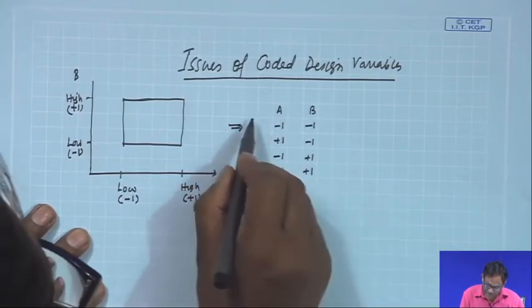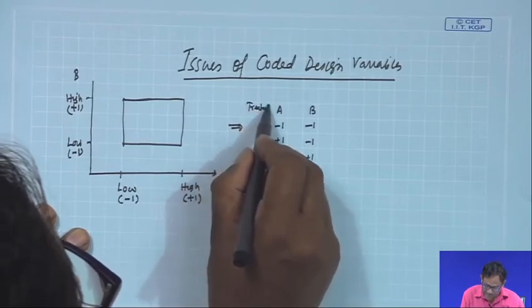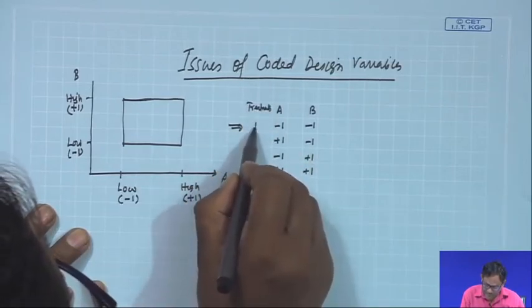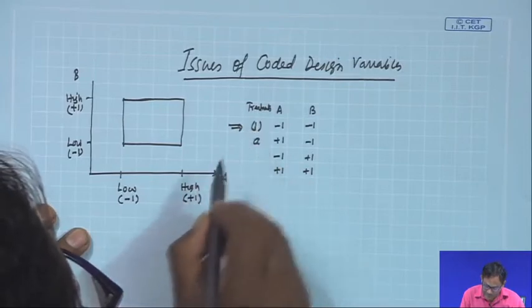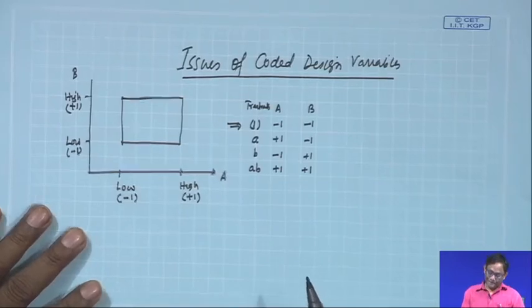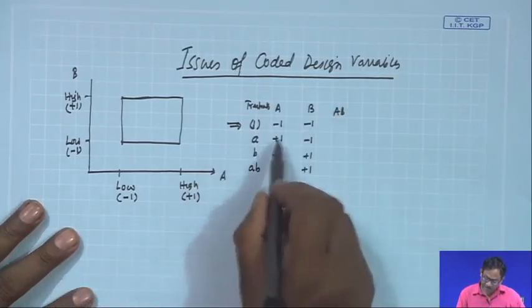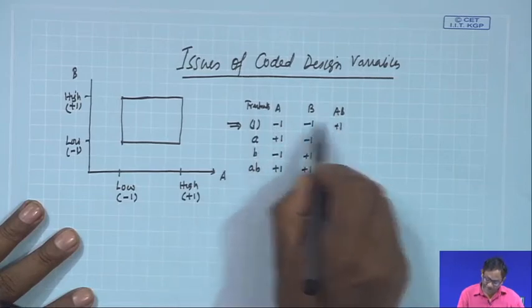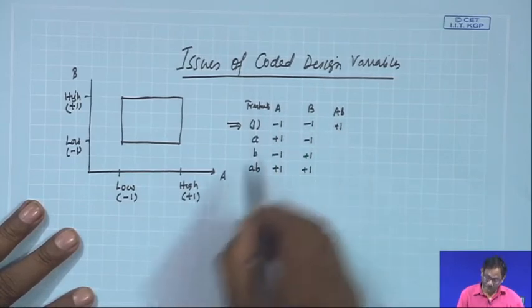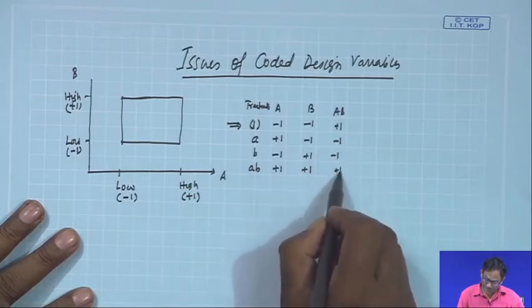The treatment combinations we denoted like this: this is your 1, this one is A, this one is B, and this one is AB. And obviously, you have created the AB interaction by multiplying column A and column B: +1, -1, -1, +1.